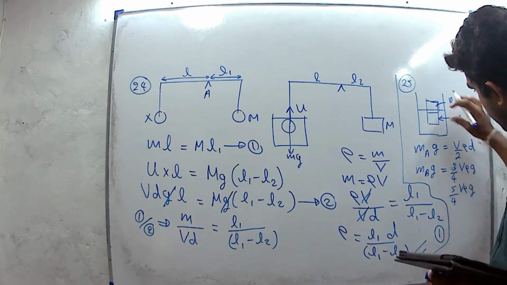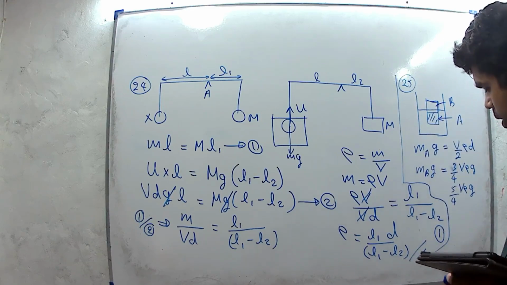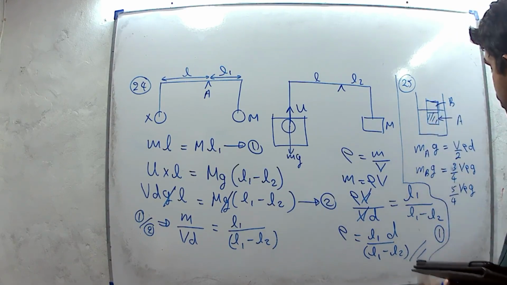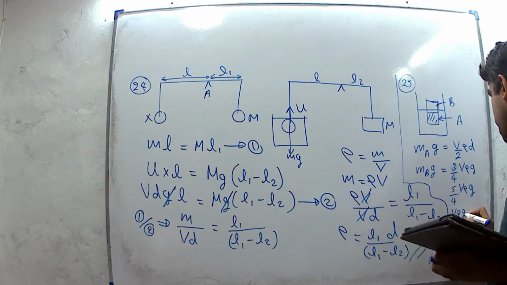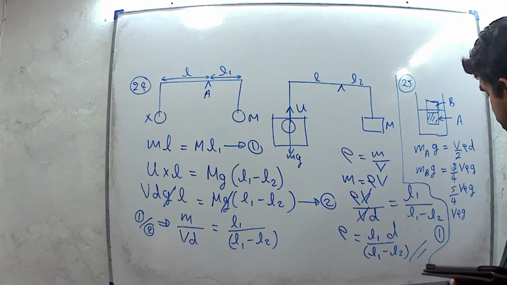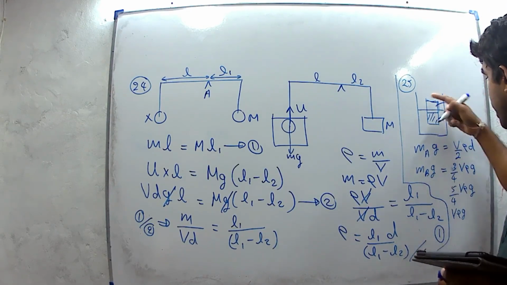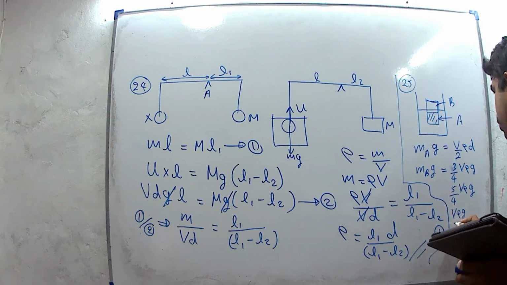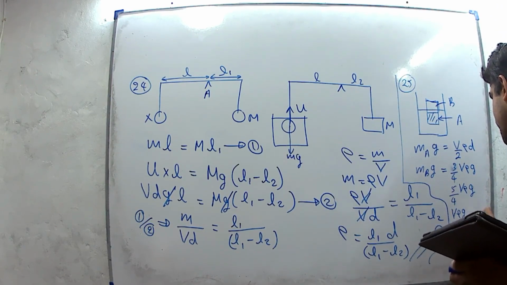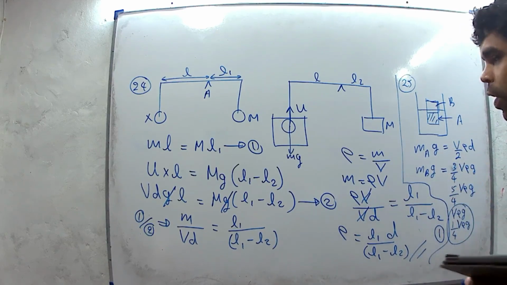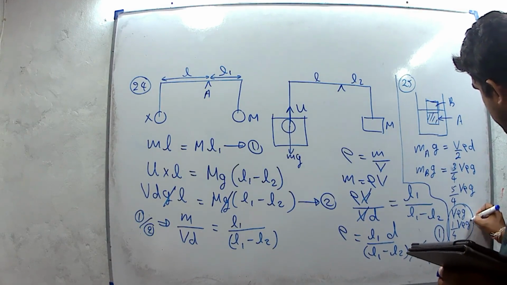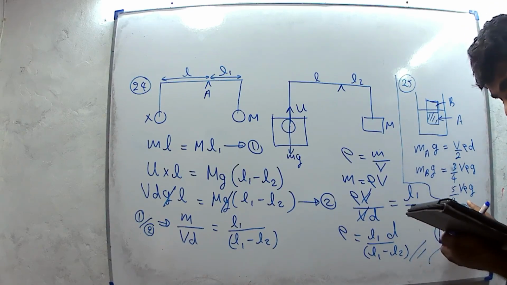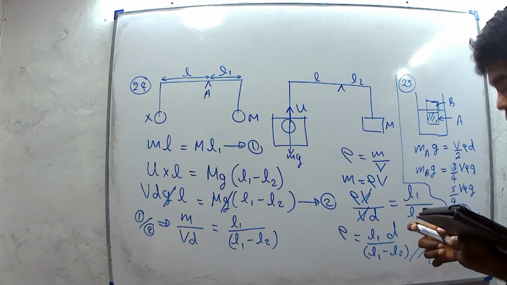Now, when considering cube A, by immersing it, it will give an upthrust V rho G. V means the total volume of cube A. And the remaining upthrust should be given to the system by immersing B. The remaining part is 1/4 V rho G. You know that the sum of these two terms should be equal to 5/4 V rho G. Then this 1/4 V rho G upthrust is given by B. Therefore, 1/4 of the volume of cube B should be under the water.